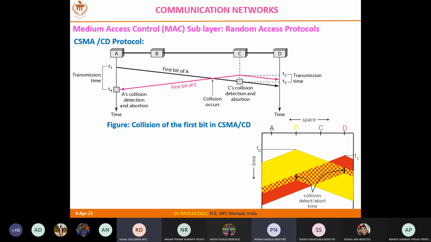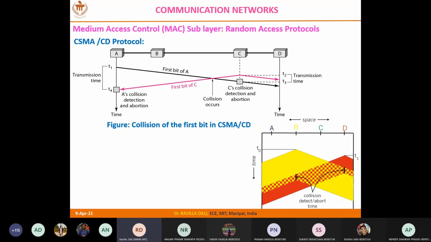No, sir. So now I am trying to pose a question: what should be your frame size? Why I am asking is, when station A started its frame transmission at instant T1, the collision has already happened.